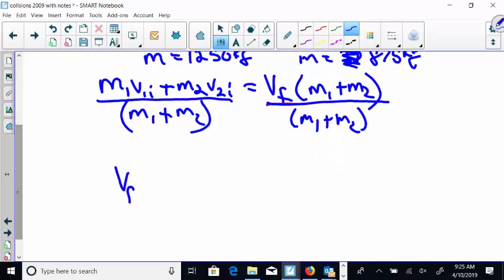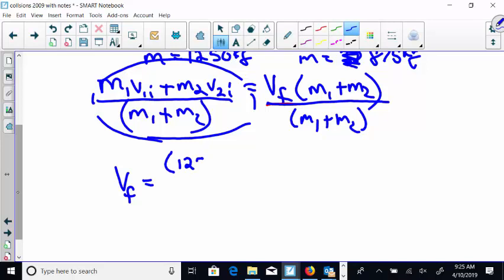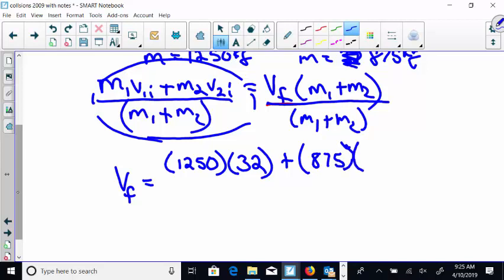So our V final is going to be essentially this side of the equation, which I am just going to fill in. M1 is 1,250 kilograms times the speed that he is going, 32 meters per second, and then we're going to add 875 kilograms times 25 meters per second.